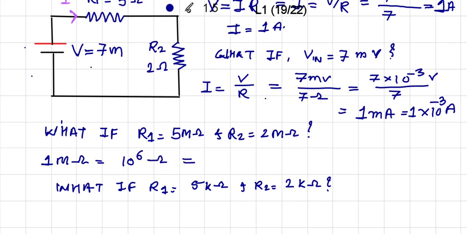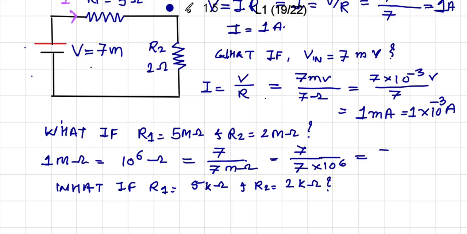So obviously then voltage is 7 divided by total resistance, 5 plus 2 mega ohm, that is 7 mega ohm. So therefore 7 divided by 7 into 10 raised to 6.